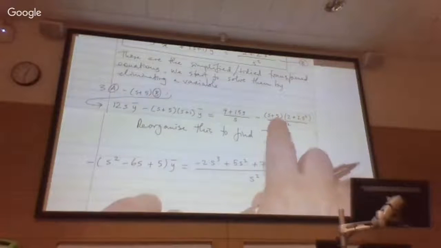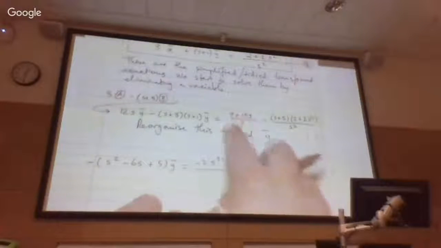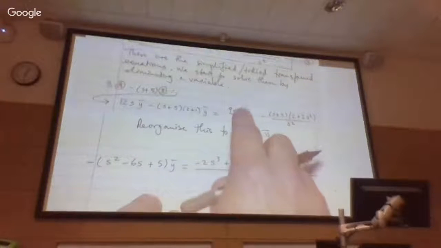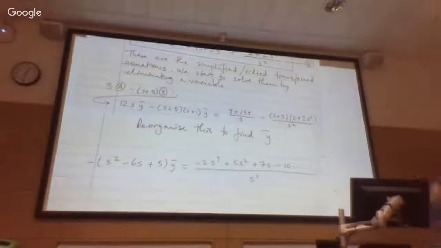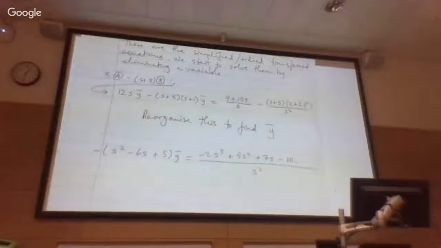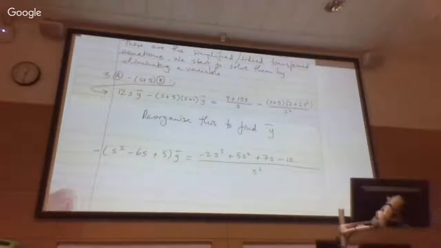You just have a minus 10 from here, 5 times 2, 10, minus 10. And there's no constant term here. Okay, so now we can make y bar the subject of this.